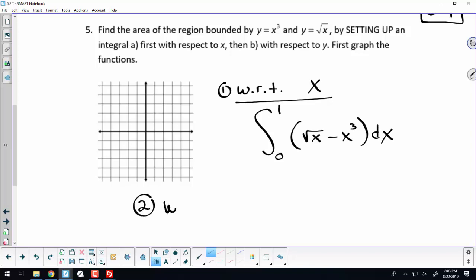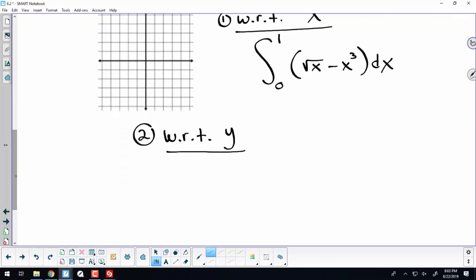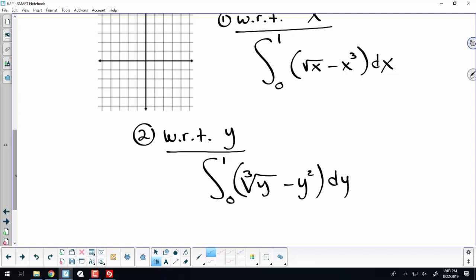And if you integrate with respect to y, you should end up with the integral from 0 to 1 of the cube root of y minus y squared dy. As a reminder, whenever you see roots like that, you want to turn them into powers, because all of those funky roots are always just powers of x or y, and use the power rule.